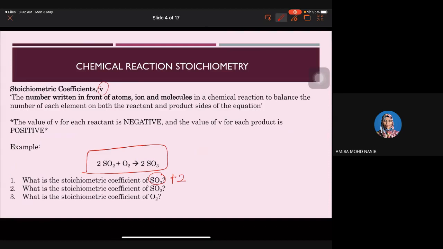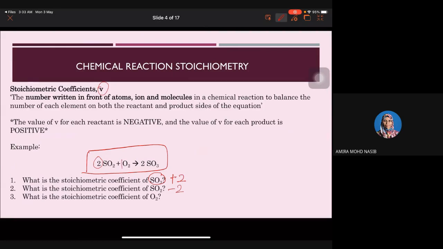Second, what is the stoichiometric coefficient of sulfur dioxide? From this equation, the number in front is 2, but since this is a reactant, your symbol is negative 2. And the last one, what is the stoichiometric coefficient of oxygen?